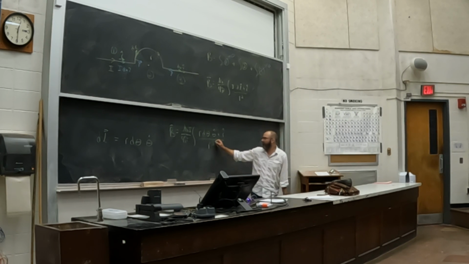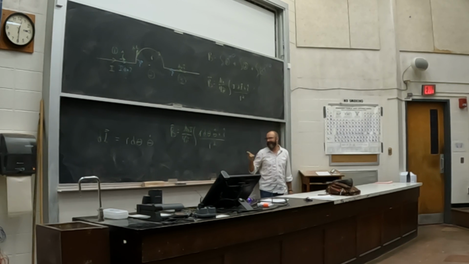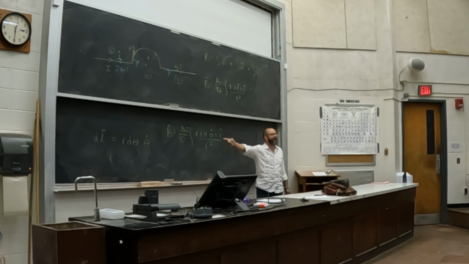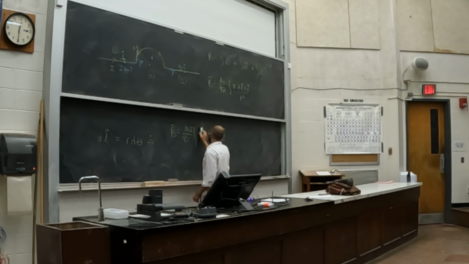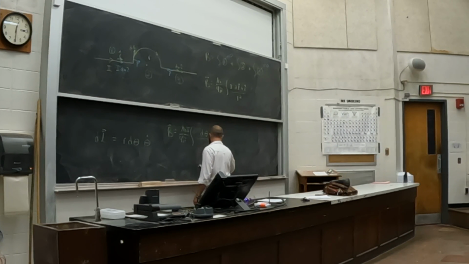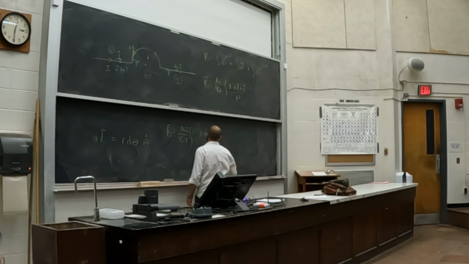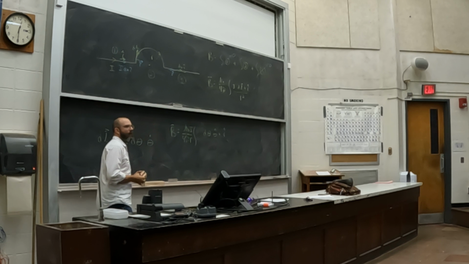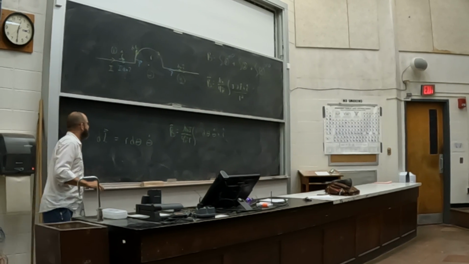All right, so I'm going to lose this guy. And this can come out of the integral because that's constant. Okay. So d theta is going to be my integration variable.